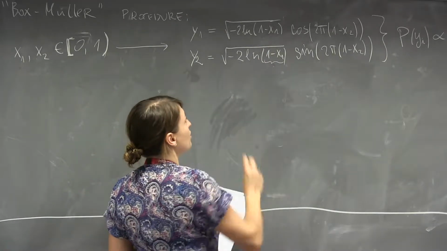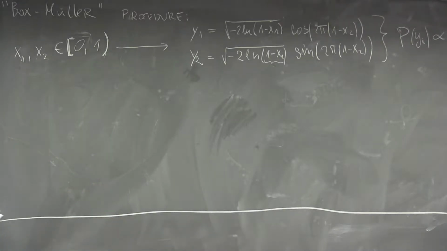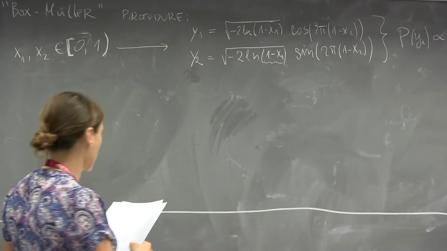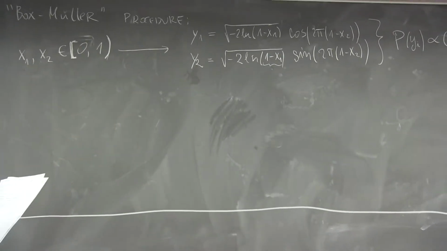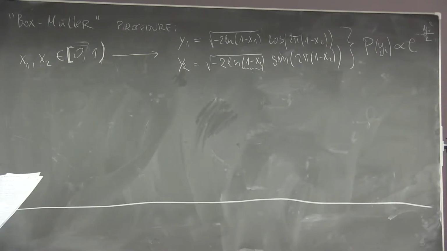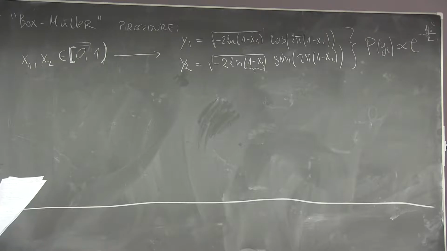So for numerical reasons, we take 1 minus x1 in order to avoid numerical cancellations. And why do you use cosine and sine? Because if you just take one random variable uniformly distributed and use square root of -2 logarithm of that, I think you would also get that probability distribution, no?